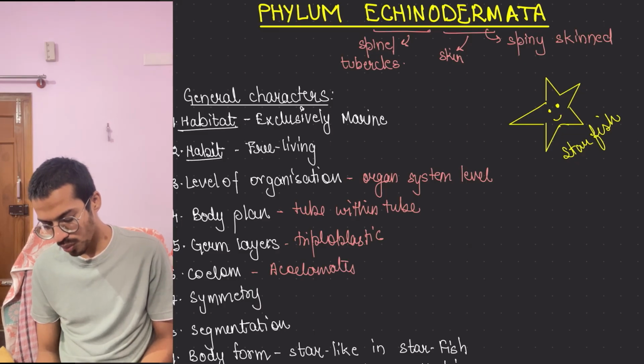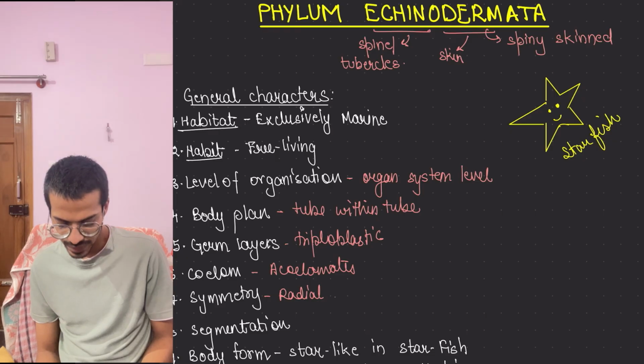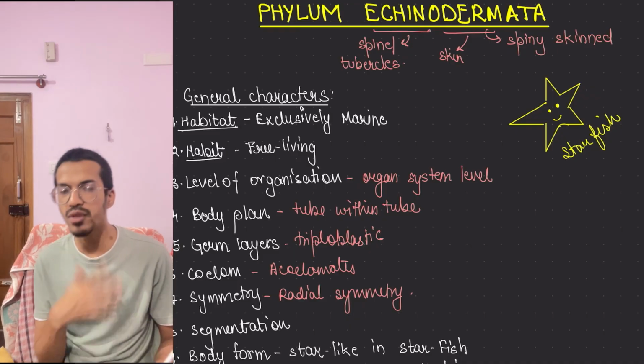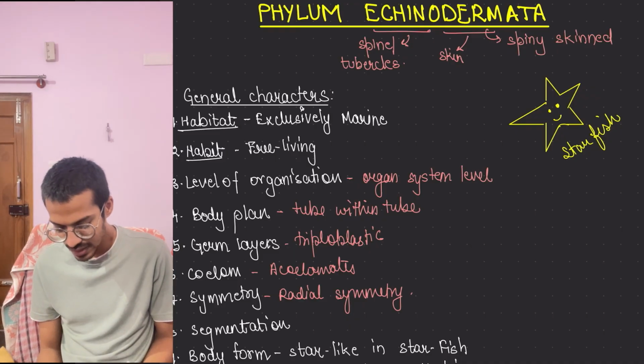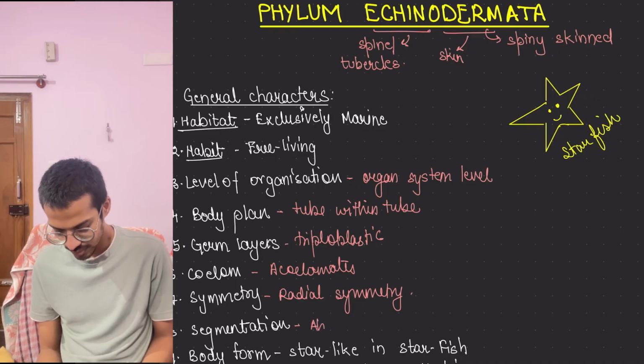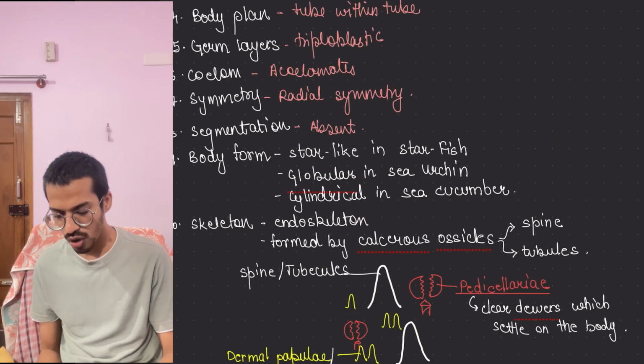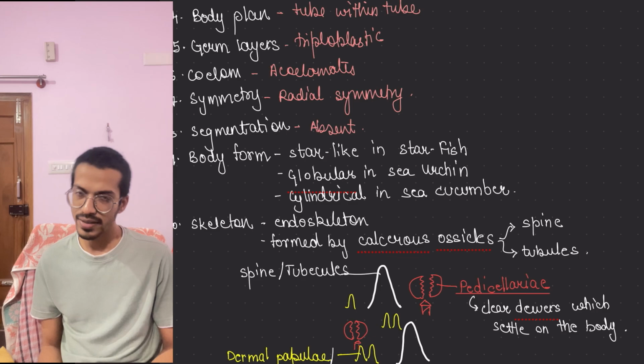Then symmetry: they are radially symmetrical. You can cut through n number of planes, more than one plane. Then segmentation is absent. Then body form, let's see that. It could be star-like, as in starfish.